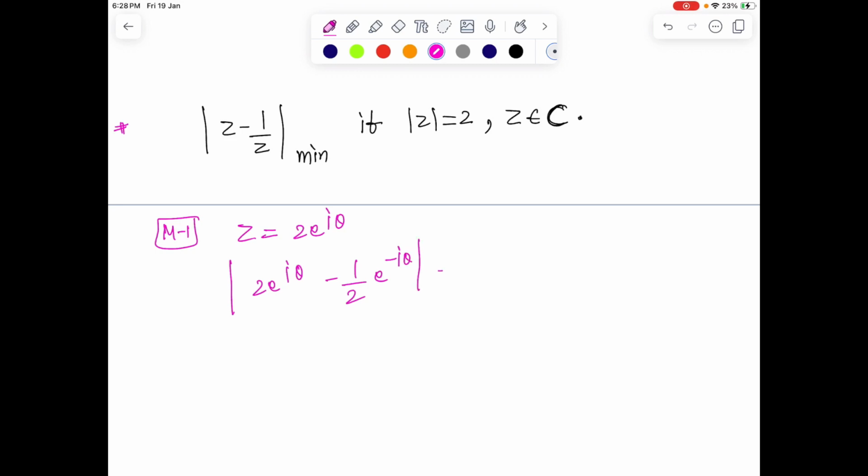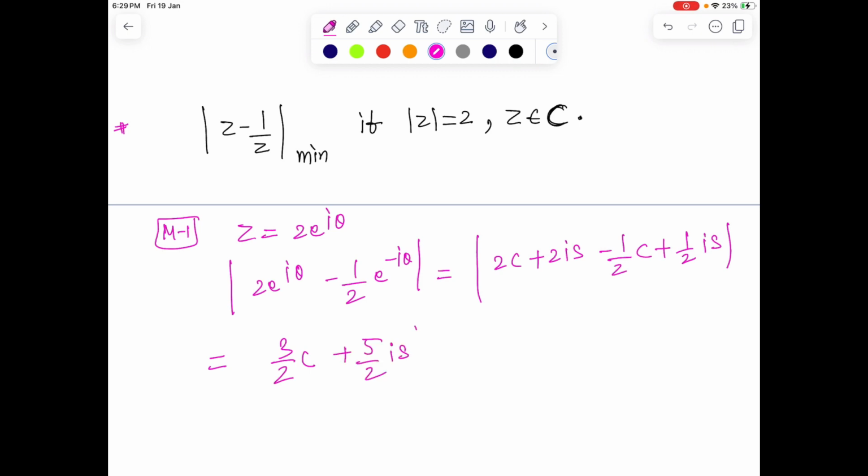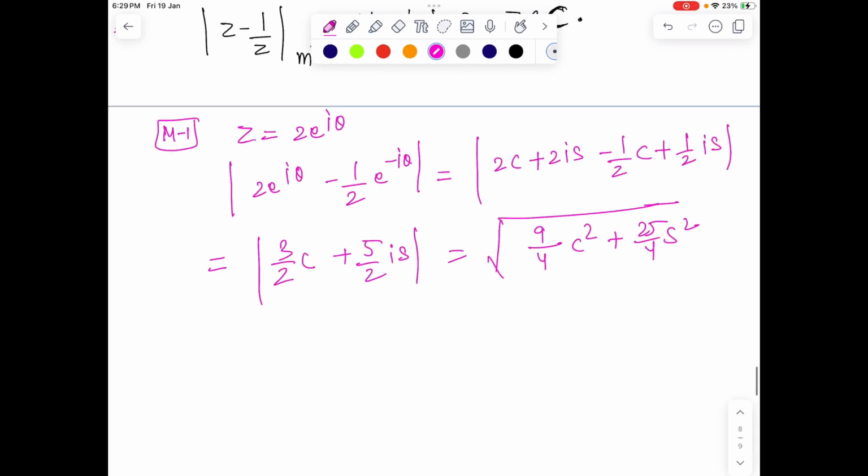And then the mod will be 2 e to the power i theta minus half e to the power minus i theta, which goes to 2 cos theta plus 2 i sin theta minus half cos theta plus half i sin theta, which evaluates to 3 by 2 cos theta plus 5 by 2 i sin theta, which is nothing but root over 9 by 4 cos square plus 25 by 4 sin square.